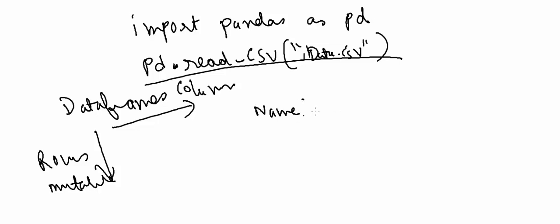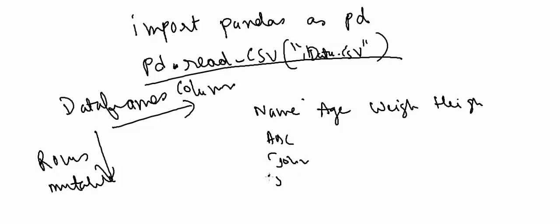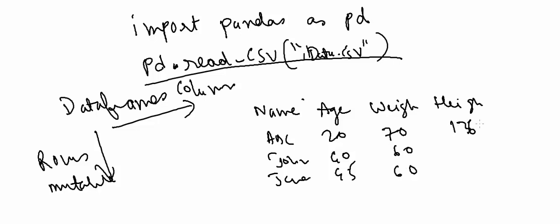So maybe we have something like name, age, weight, height, and then some names, ABC, John, James, age 20, 40, 45, weight say 70, 60, 60, height 160, 150, 140, anything like that.